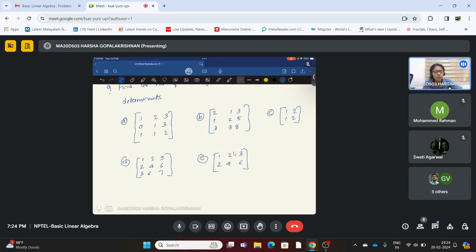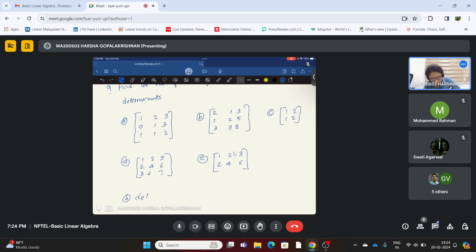Can anyone check A? Yeah, it's full rank, I think. A has rank 3, because if we find the determinant of the first matrix, the determinant will be non-zero. So you can calculate the determinant.